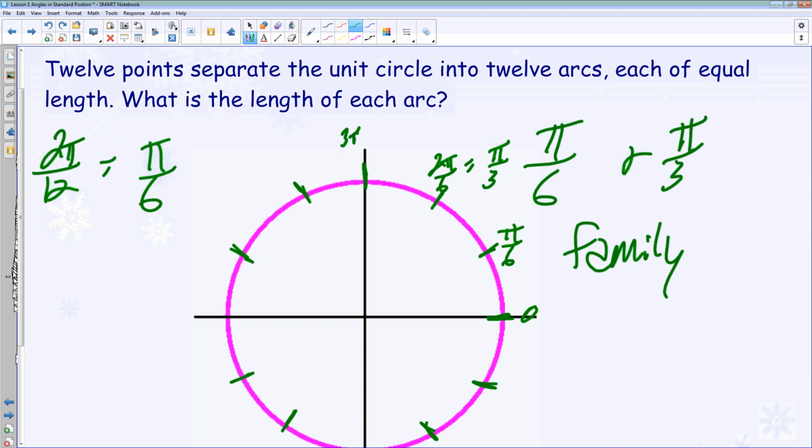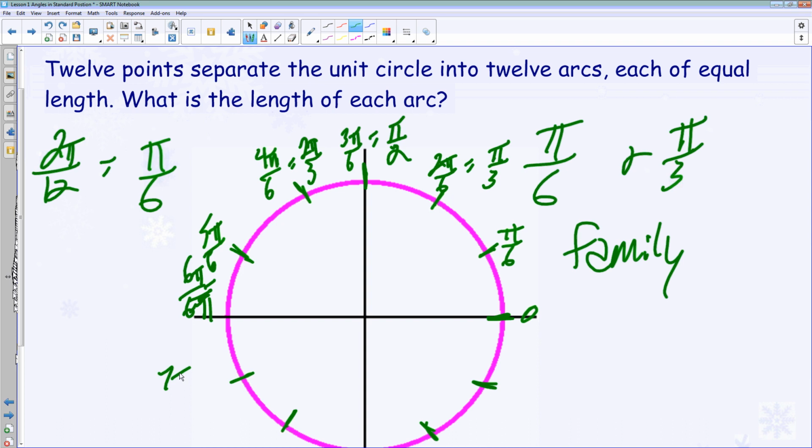Then we get 3 pi over 6, but that's just pi over 2. Then we've got 4 pi over 6, but that reduces to 2 pi over 3. Then we've got 5 pi over 6, 6 pi over 6, which is just pi. Sorry that keeps moving. 7 pi over 6 is our next one.